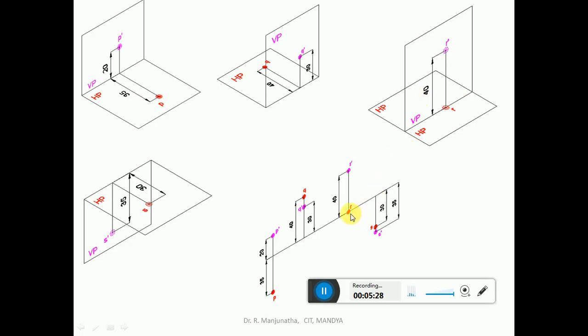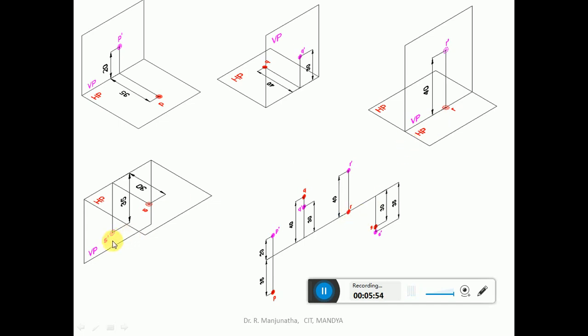So R will be on the xy line and R dash is above HP. If the point R goes above the xy line, it becomes the second quadrant; if it comes below, it will be in the first quadrant. Since it is on VP, the point will be on the xy line in the top view. So capital R will be in the first as well as the second quadrant.